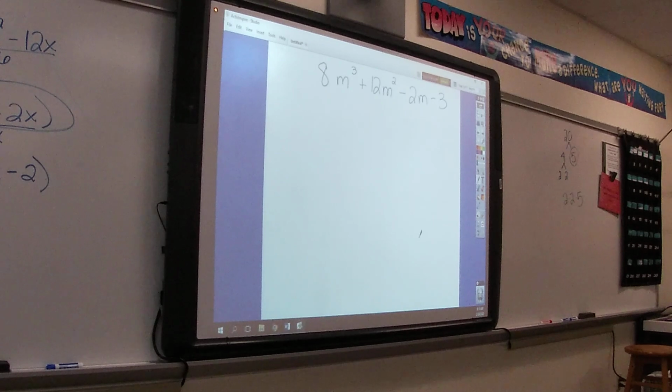How many terms does this have? 4. So what are we going to do first? Now find your number. Is there a GCF of all of them? No. So now step 2, what can we do? You can split it in half. Okay, no problem.